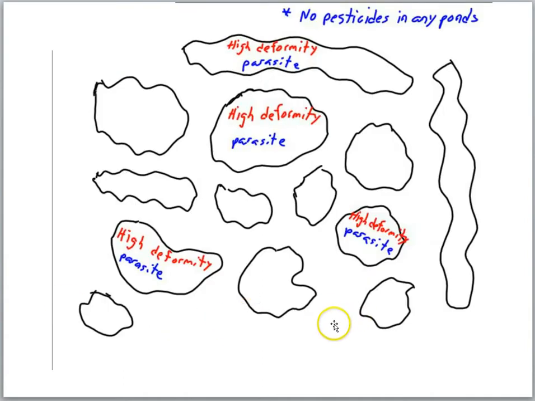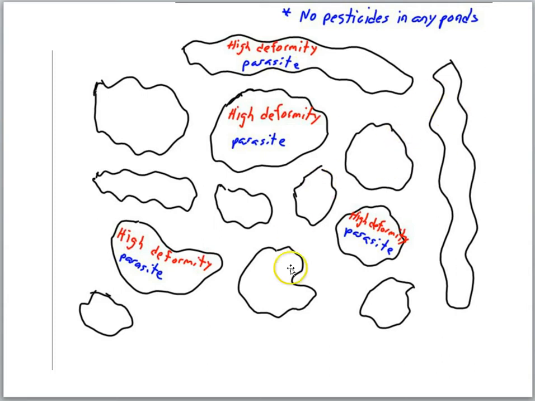Now, one of the early observations made was in Northern California, where there was a region that had a whole bunch of different ponds. Now, remember, the pesticide hypothesis was still sort of on the table early on, so we've got two hypotheses, the pesticide and the parasite hypothesis. What the scientists wanted to do was simply make some observations about frogs and parasites and pesticides in a set of ponds up in Northern California. And here we see the results of that observation.